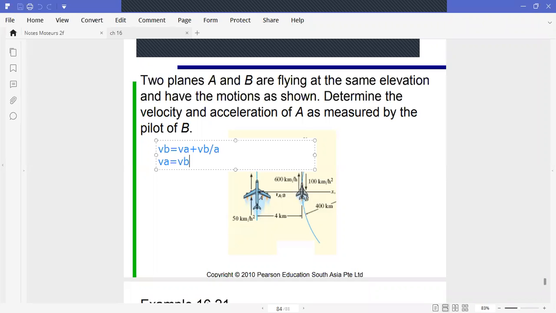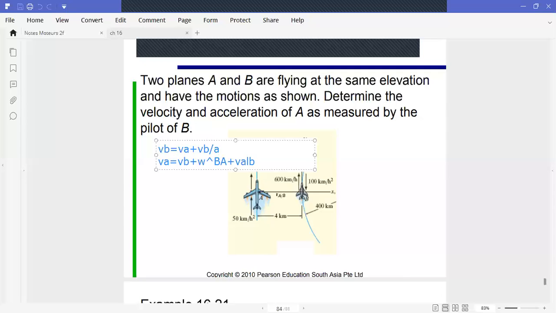It will be equal to VB plus what? What is the new term to add? Plus omega vectorial BA, okay, plus velocity of A relative to B.